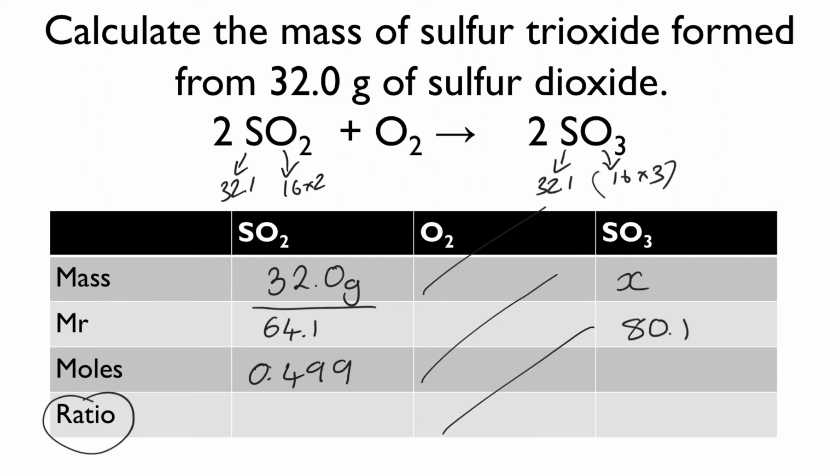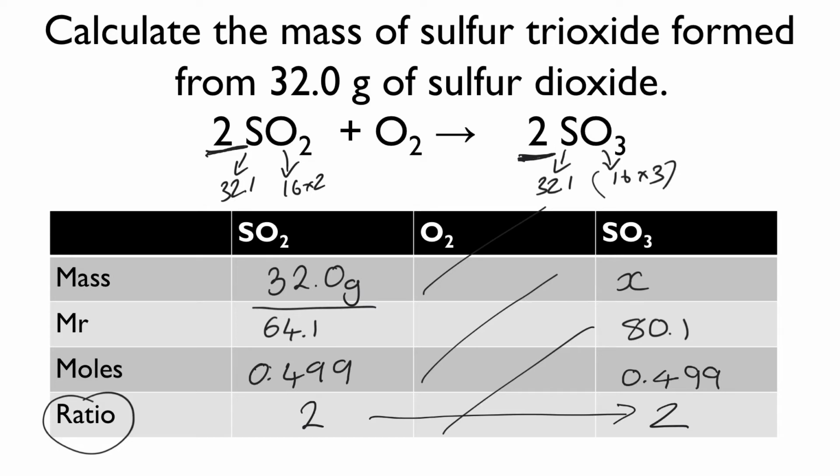Okay, to work out the moles, we do 32 divided by 64.1, which is 0.499 moles. The ratio, we get this from the balanced symbol equation. So the ratio is 2 moles of sulfur dioxide and it forms 2 moles of sulfur trioxide. So it's a 2:2 ratio, which means it's the same. So the number of moles of sulfur trioxide is going to be 0.499 as well.